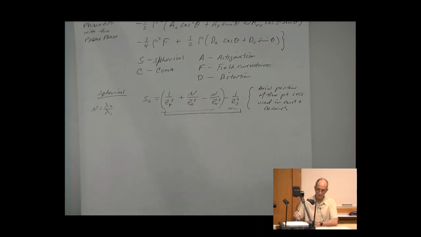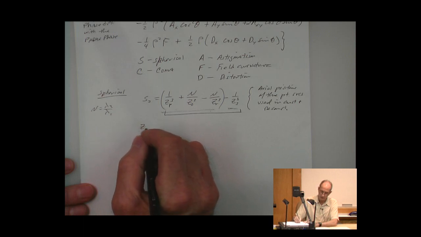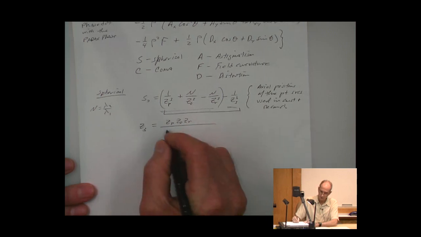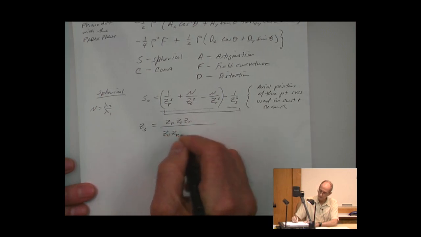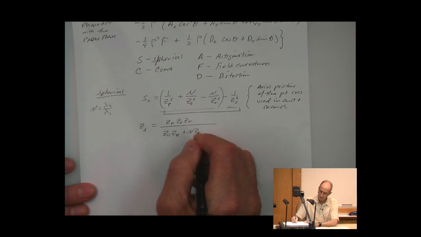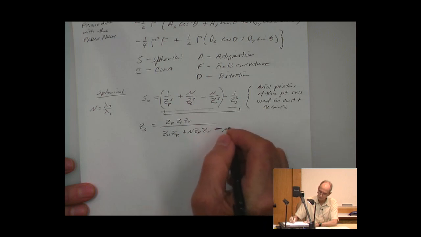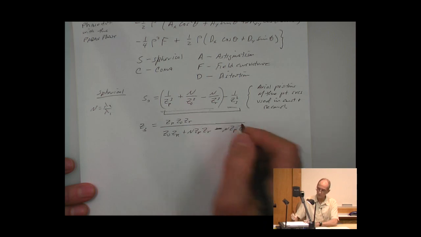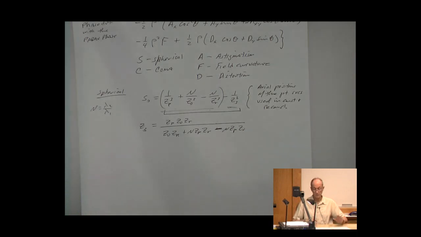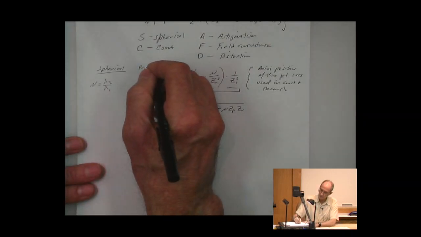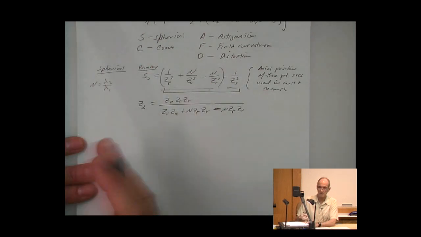And this paraxial image point that we have, Z3, for instance, was ZP, ZO, ZR over ZO, ZR plus mu ZP, ZR minus mu ZP, ZO, if you recall from the paraxial image locations that we have. So this is for the primary image.